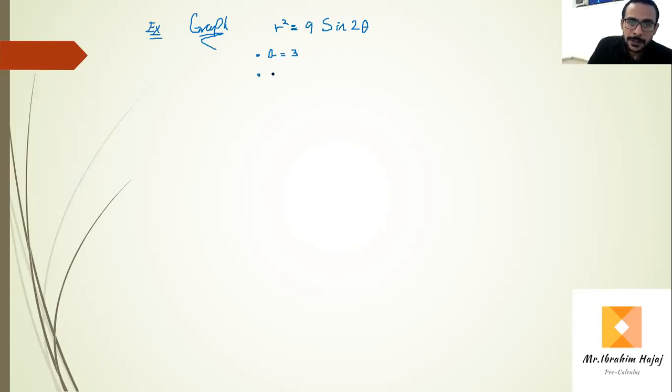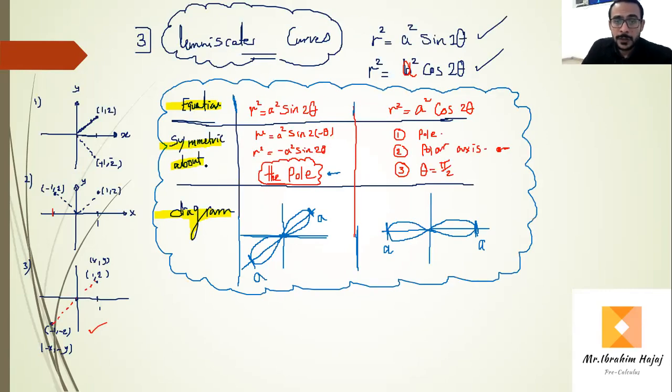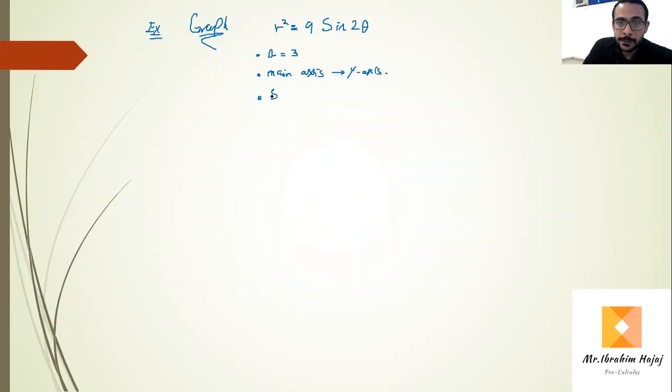And because it's a sine, the main axis is the y-axis. And then it's symmetric about what? The pole, right? We write it's symmetric about the pole.